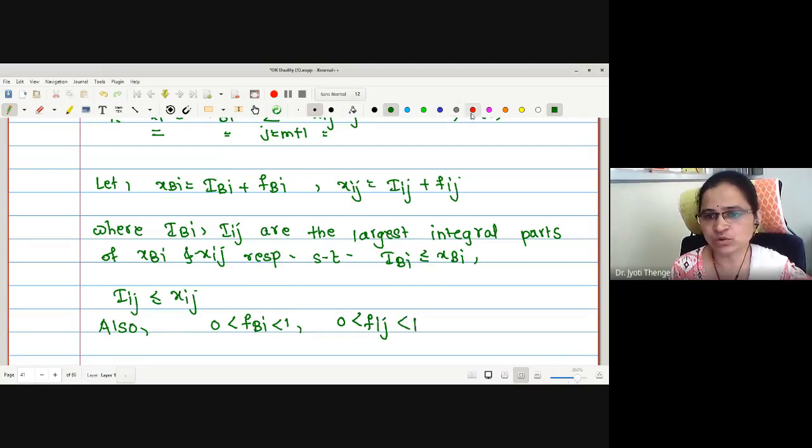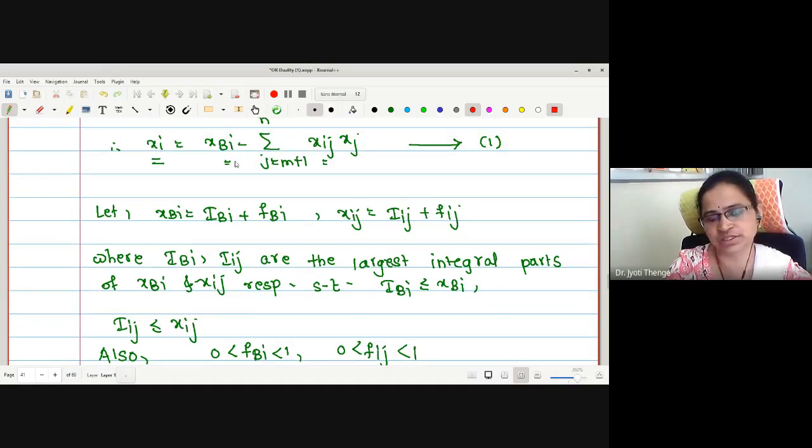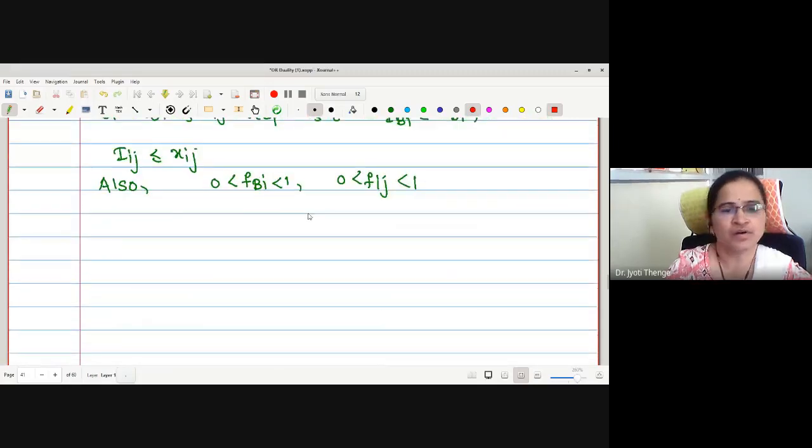Let me explain this by taking an example. Suppose the value of this basic variable xi is non-integer. Therefore, let me write xbi in terms of integer and fraction. Suppose the value of xbi is 7.5. Now we want to write it as an integer part plus a fractional part. 7 by 2 is actually 3.5.